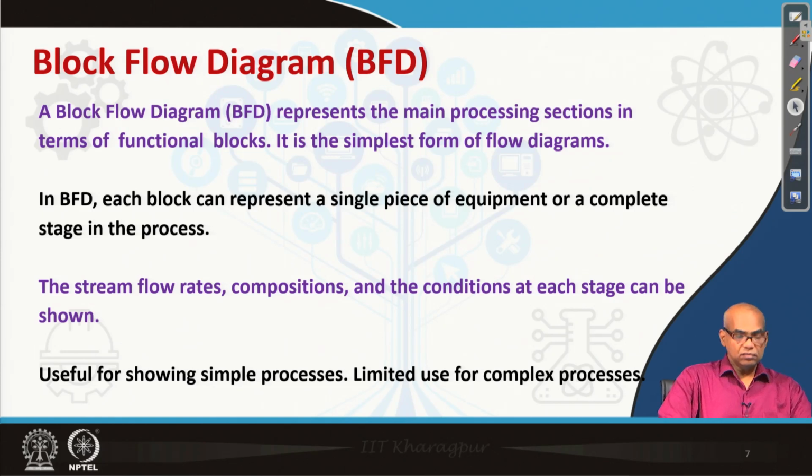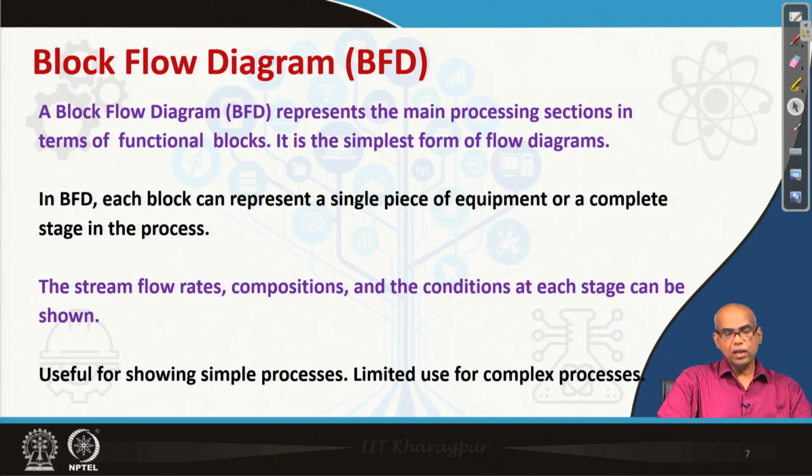A block flow diagram is more useful for representing simple processes. For a very complex process, it will have limited use, because it will be very difficult to use a large number of blocks to represent the process. So, maybe we have to use one block to represent several processes, and then what will happen is we will lose the detail of the process.